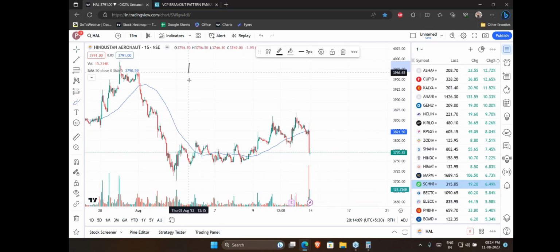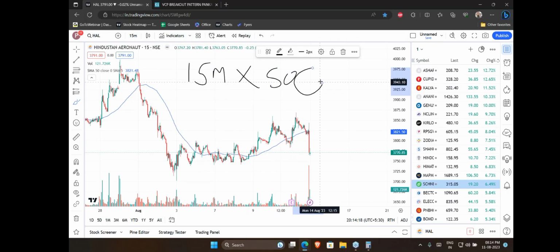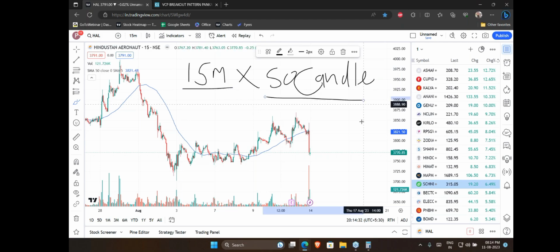It is 15-minute candles, 50 candles. The length is the number of candles. यहाँ पे 15 मिनट की 50 कैंडल का मूविंग एवरेज है ये.